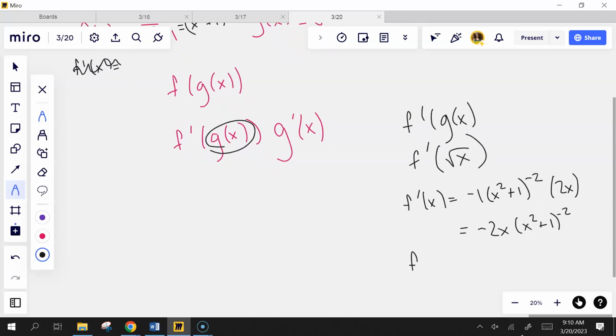Now I'm going to plug in the square root of x.